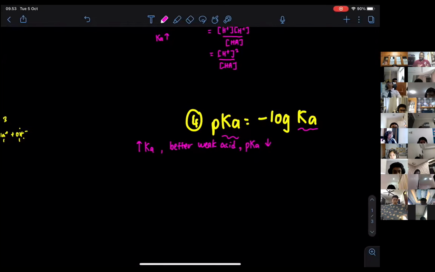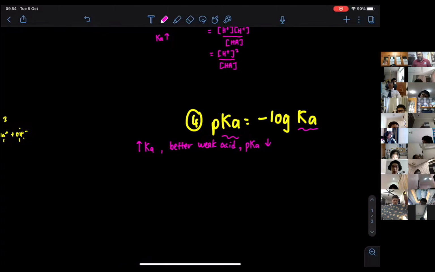Now, if there is a question, do we have Ka for HCl? The answer is no, we don't have. What is Ka? Acid dissociation constant. And the acid dissociation constant is only used to tell how much the acid can dissociate.